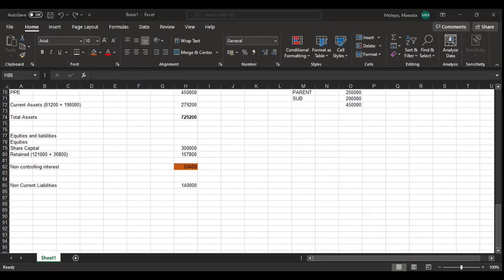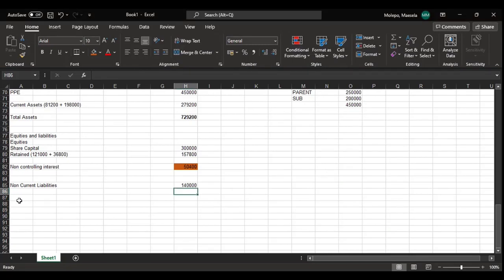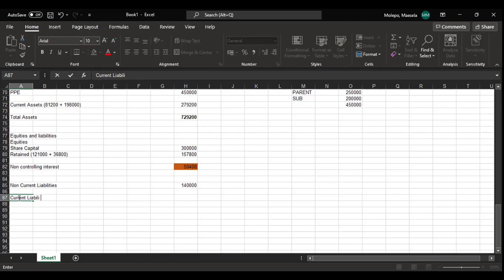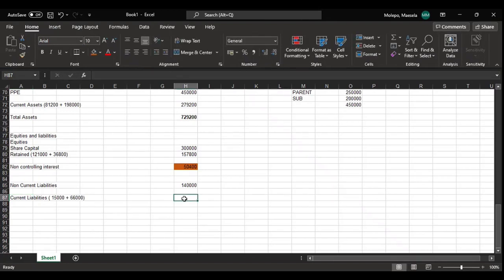And then we proceed further. We're gonna go to the current liabilities. Our current liabilities for the parent is how much? It's 15,000. And then we add the one for subsidiary of 66,000. Then we have the total of 81,000.